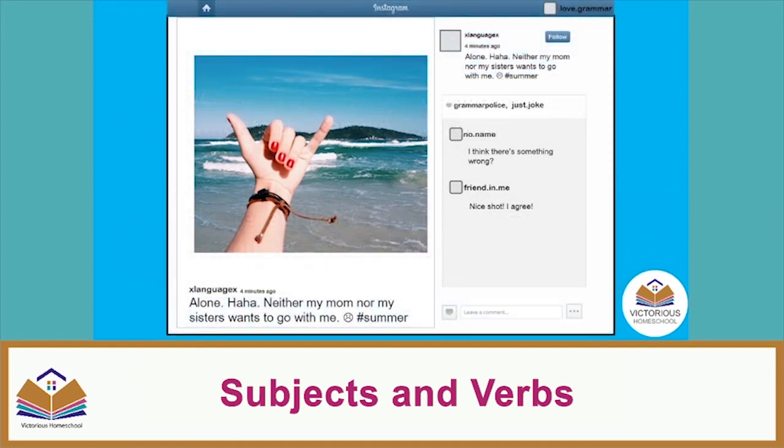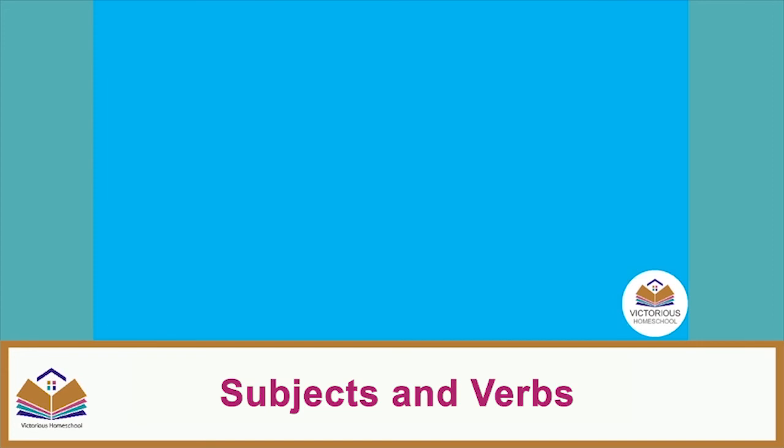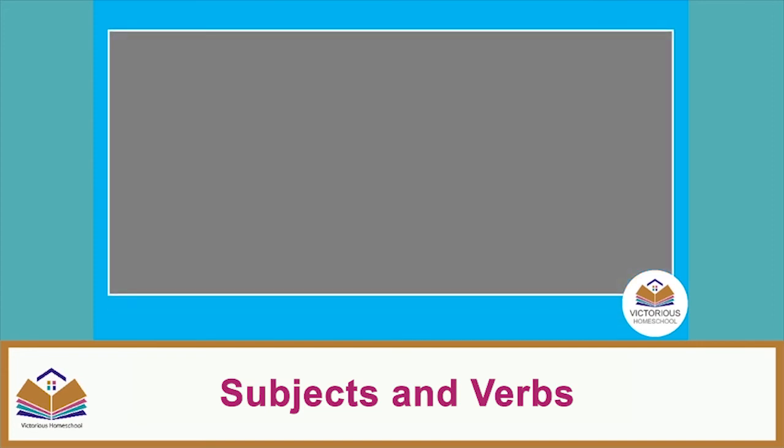Okay, let's look at another tricky subject-verb agreement rule. So let's look at this post. So neither my mom nor my sisters wants to go with me. Again, this is heartbreaking because it is also wrong grammatically. Okay, so brace yourself for this rule.